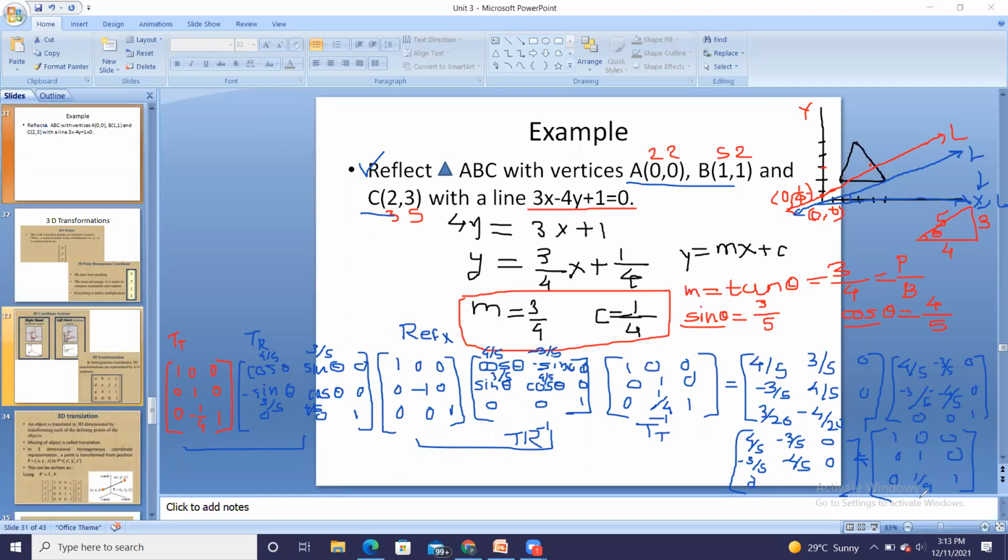Third row second column is, it is 1 by 4. And third row last column is 1. Okay, now do this multiplication. So after multiplication, I will write the coordinates over here. If you have calculator, then tell me the final results of this two multiplication.